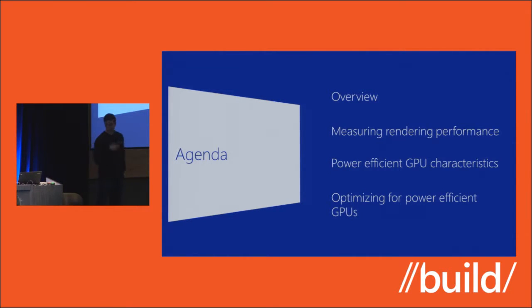New platforms, new hardware, there are new requirements in how you measure things on the system. 3rd, Surface, all the new Windows RT systems, new hardware platform. There are a lot of new characteristics of these power-efficient GPUs that we've enabled on the platform. We're going to have some specific optimizations, how to tune for those new power-efficient GPUs. And then finally, we'll talk about those specific optimizations.